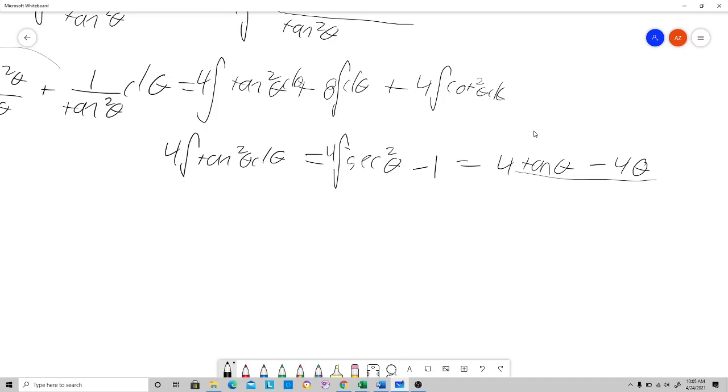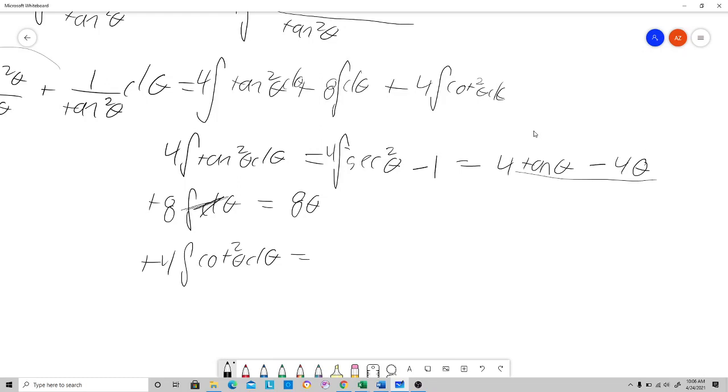Now let's do the second one. Plus 8 d theta, and this is pretty easy, because by the fundamental theorem of calculus, the integral is just 8 theta. That's really straightforward. And now, the last term, plus 4 cotangent squared theta d theta. Again, there's not a clean rule for this, but that's fine because we have the identities.